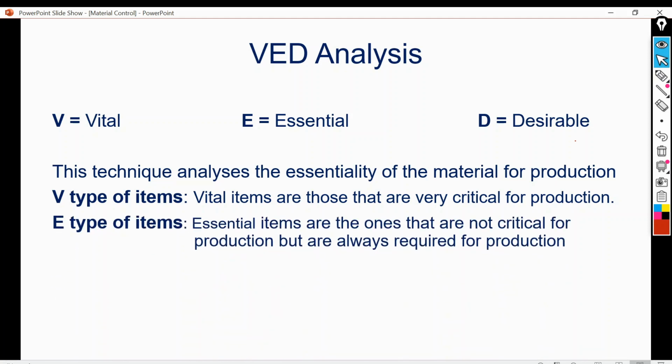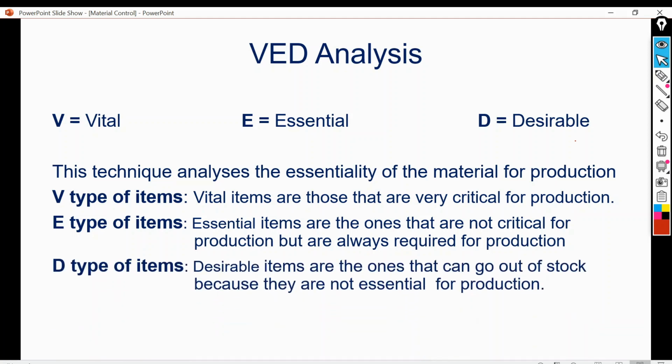E type of item, essential items, are the ones that are not critical for production but are always required for production. And D type of item, desirable items, are the ones that can go out of stock because they are not essential for production.